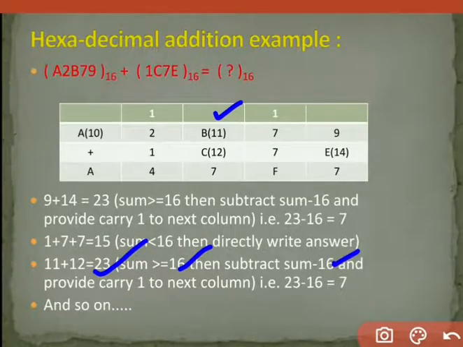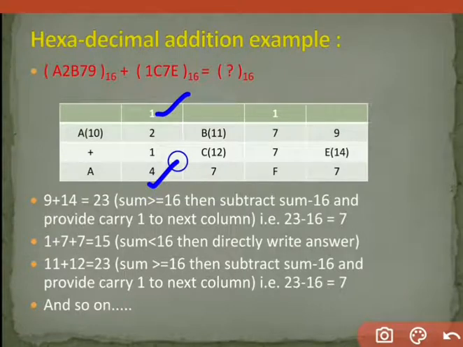We have to subtract 16. From 23, when we are subtracting 16, what we are getting is 7 as answer. And then again we are forwarding 1, carry. Now when we are adding 1 plus 2 plus 1 is equals to 4, that directly we are writing it because it is smaller than 16. Directly we are placing A in this position.